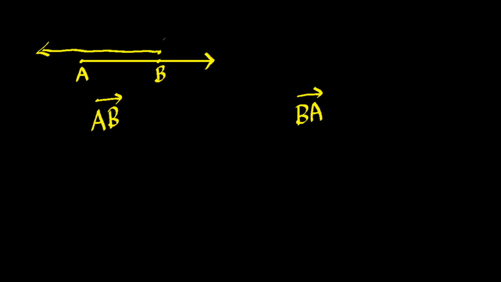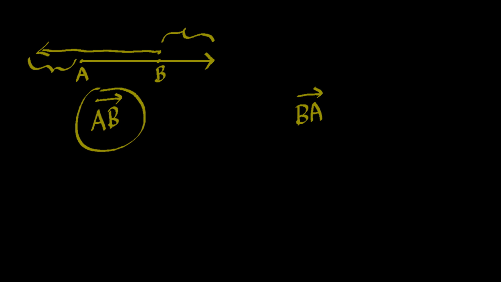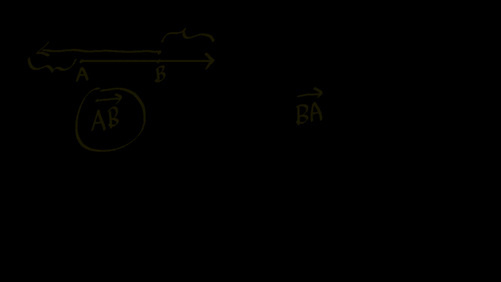So it contains all these points between B and all the way infinitely to the right that are not contained on ray BA above it. Ray BA contains all of these points from A all the way infinitely to the left. So again, ray AB is written like this, and it is the accurate way to name ray AB that was drawn originally. Let's look at a few more examples of naming rays.